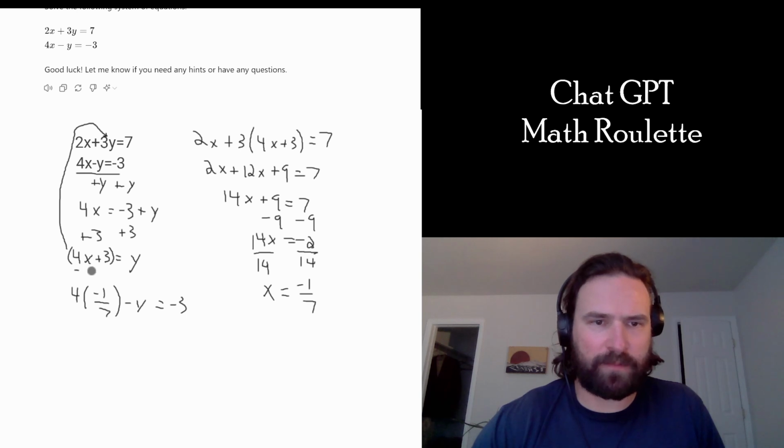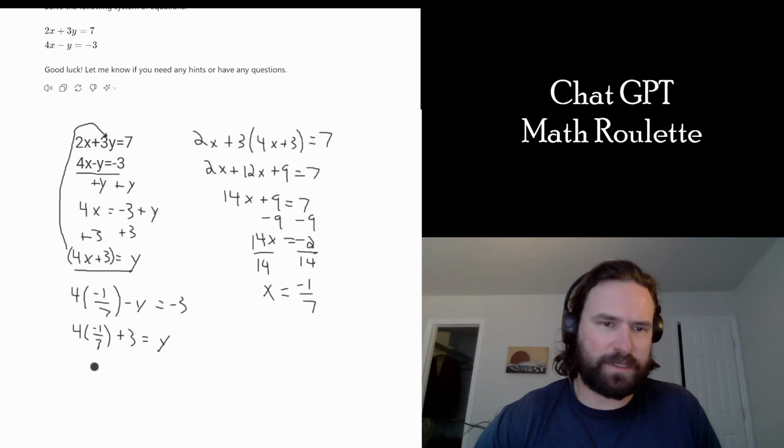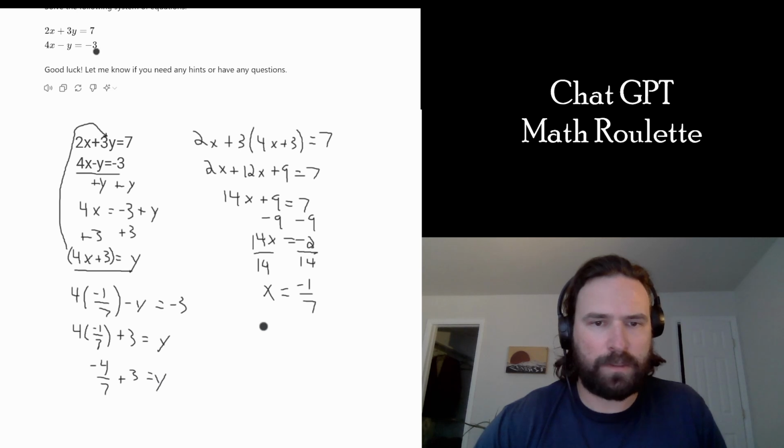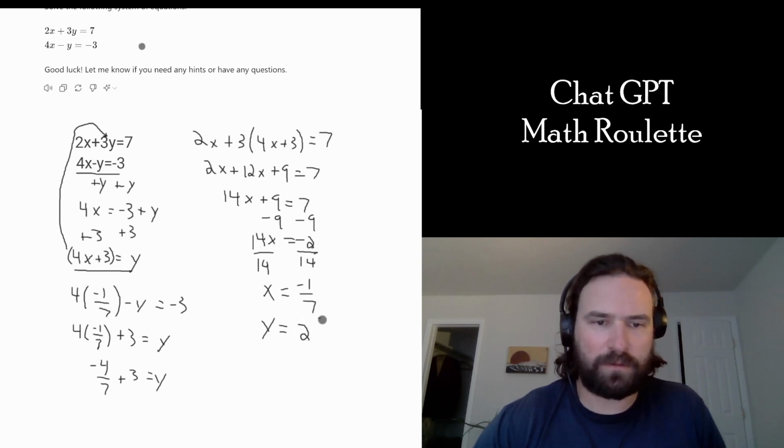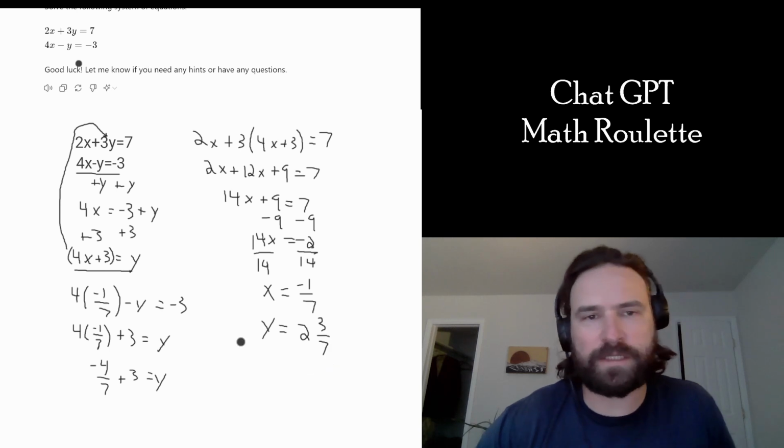So we're going to kind of end up actually using this equation. So it's 4 times -1/7 plus 3 is going to end up equaling y. And then 4 times -1/7 is -4/7 plus 3 equals y. So y is going to equal 3 minus 4/7, which is going to leave us with 2 and 3/7, sorry. And that'll be our pretty disgusting answer.